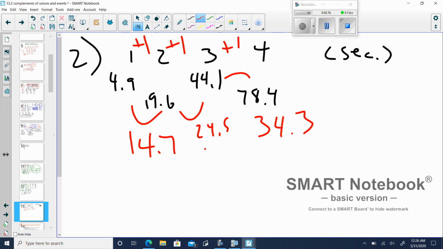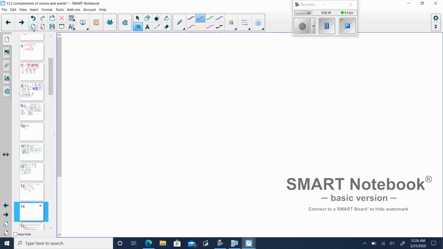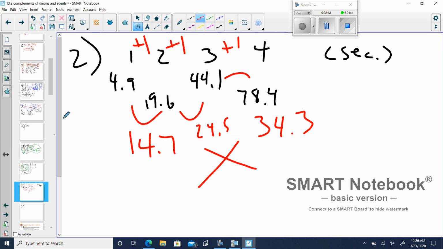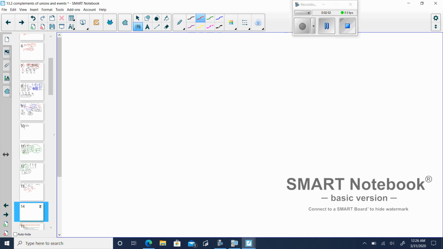So we have no consistency. So that's not a constant rate of change we're looking at. Right? Because x's are changed by the same amount each time, the y's are not. We go from 14.7, 24.5 rather, to 34.3. So it's not linear.